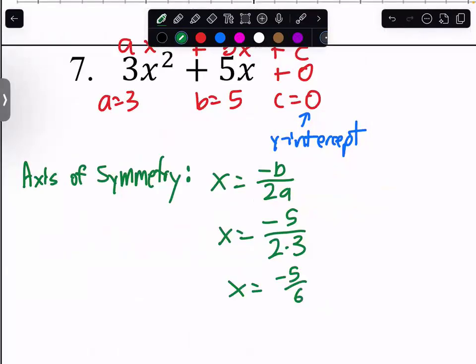So this time the axis of symmetry is a fraction. That does happen sometimes. So unfortunately, we probably won't be able to use symmetry for this problem because you can't really tell where to flip it over because it's not going to be a whole number.